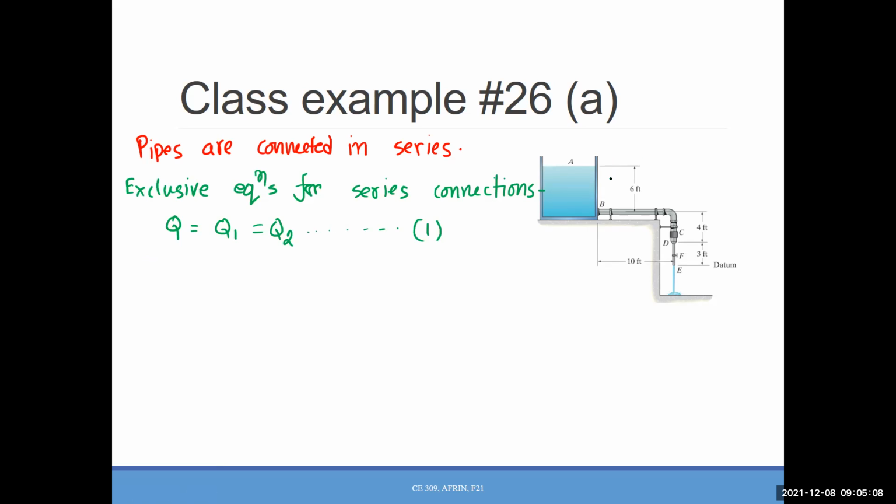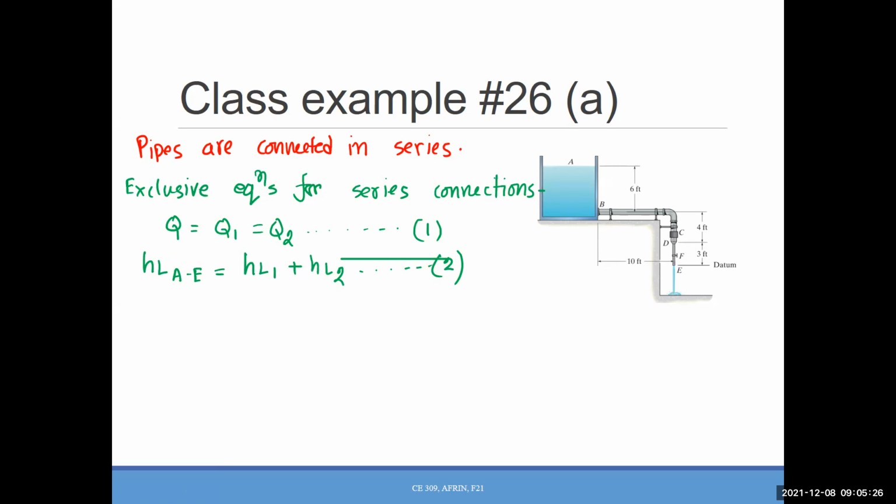Since we will work from A to E, I will write down the head loss A to E equals head loss for pipe 1 plus head loss for pipe 2. That is equation number 2.